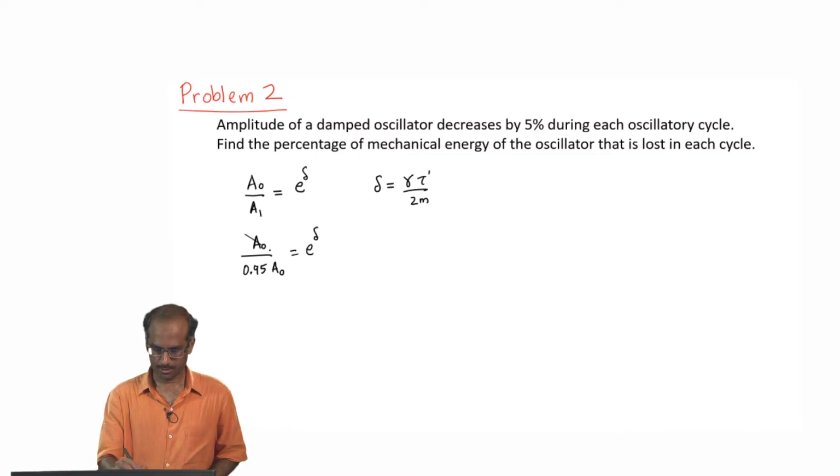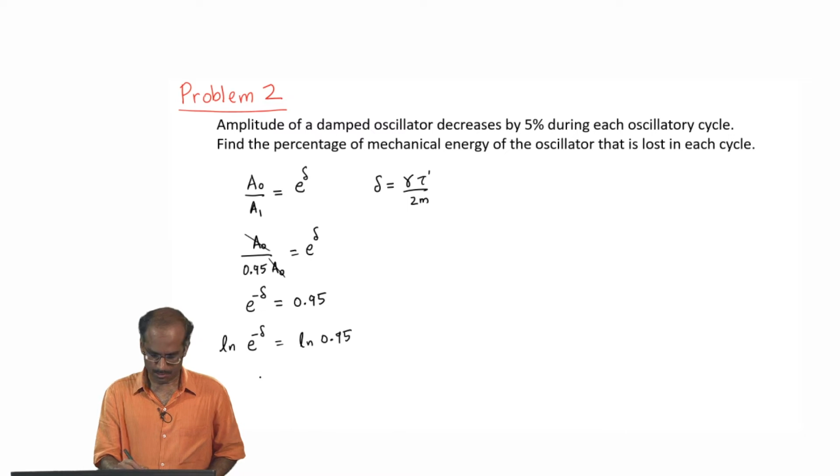So, A0 and A0 will cancel out, and I will get e power minus delta is equal to 0.95. If we take logarithm on both sides, we will get delta to be equal to 0.051.